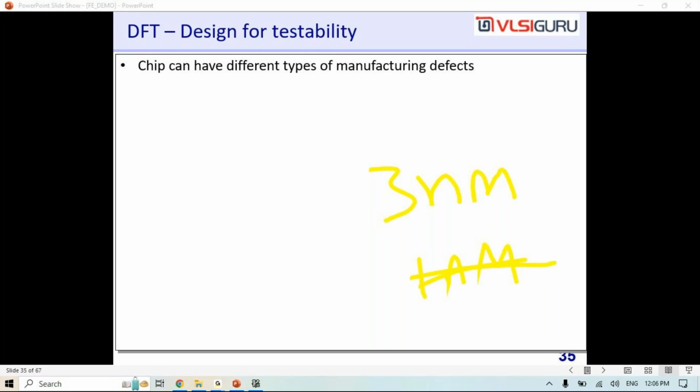Why? Because whatever hair thickness you take, that will be around maybe 0.1 millimeter. Let's say hair thickness is 0.1 millimeter. What is 1 nanometer?